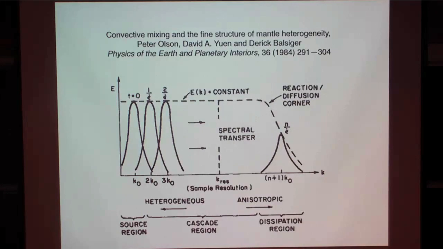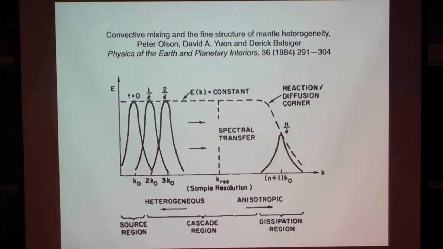So I'm not going to dwell on this, but Peter Olson, Dave Yuen, and Derek Balsiger, way back in 1984, thought about this and published 2 papers related to this. This is one of them, in which they said, well, what happens if we introduce heterogeneity at a certain scale, such as, for example, a subducted slab, which is going to be, I don't know, 80 or 100 kilometers, or maybe oceanic crust, it's going to be 6 or so kilometers, right?